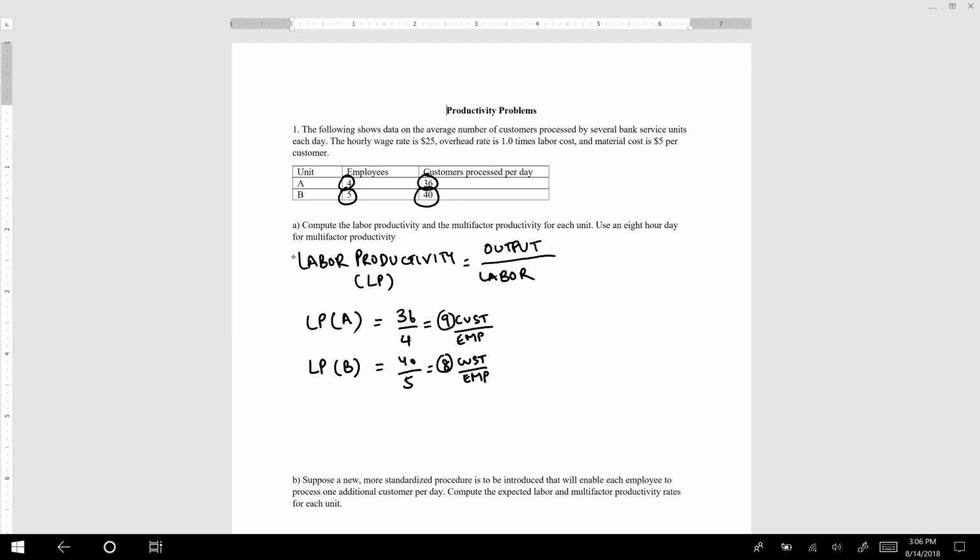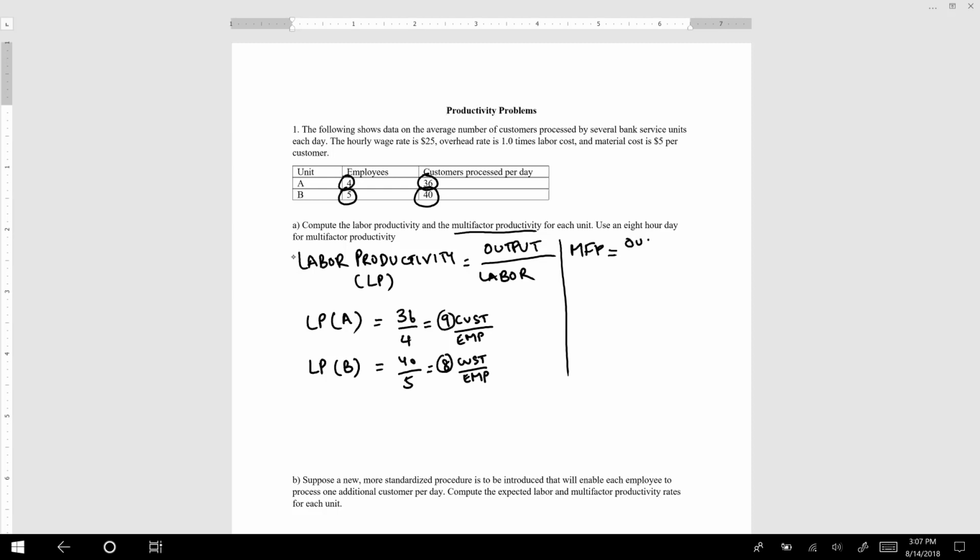So the next question is to calculate multi-factor productivity. I will represent multi-factor productivity as MFP. As the name specifies, it will have multiple inputs.